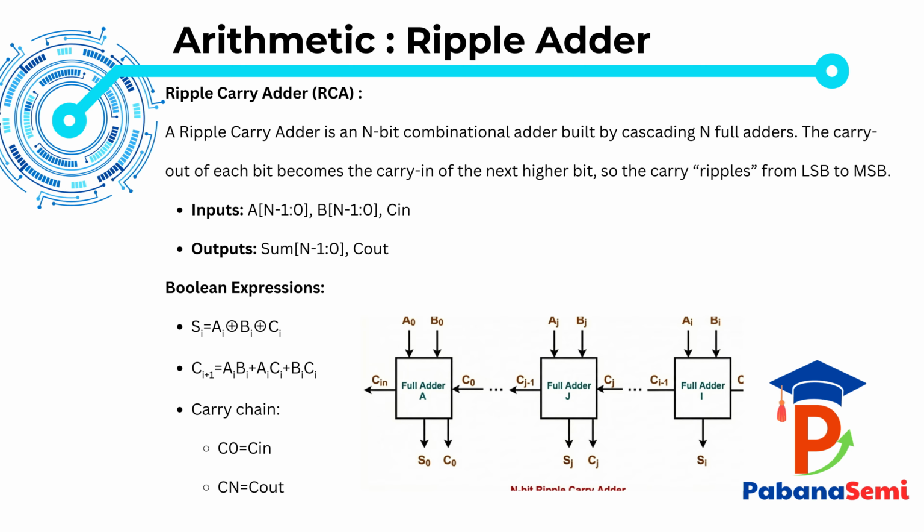The carry chain starts with C0 equals Cin and ends with Cn equals Cout. So the RCA is very easy to design and understand, but its main limitation is speed, because the final result depends on how fast the carry can ripple across all n stages.